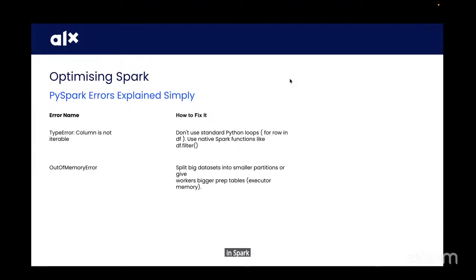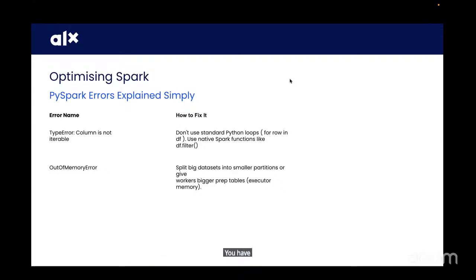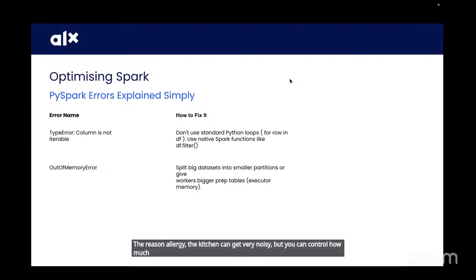And don't forget, when you're troubleshooting, you don't have to guess what went wrong. You have three powerful diagnostic tools. One is called log granularity. Yes, sorry, I was kind of tongue-tied. Using our kitchen analogy, the kitchen can get very noisy, but you can control how much chatter you hear using the log levels.